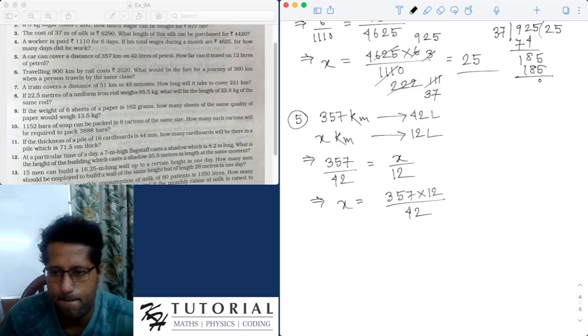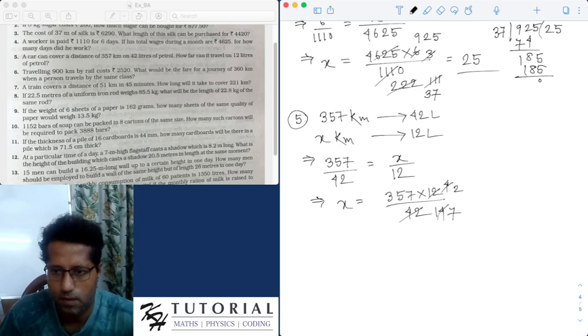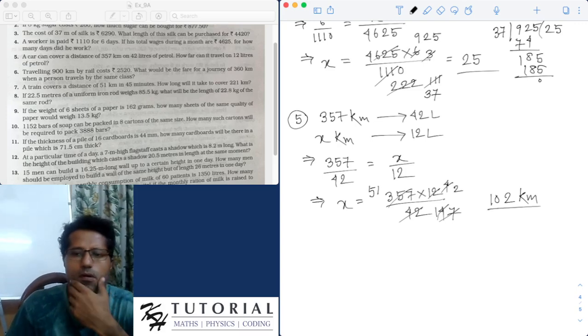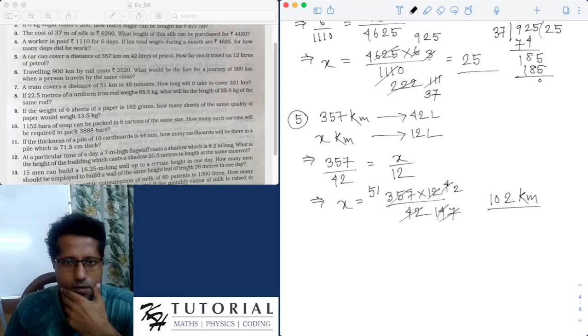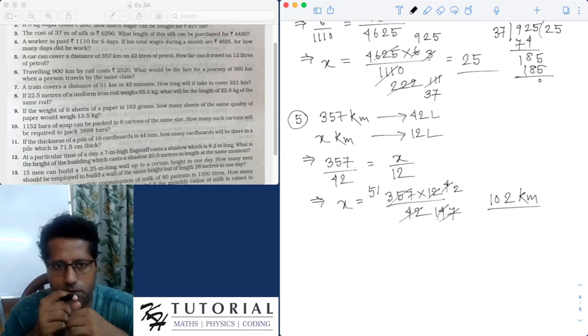Simplifying, the answer is 102 kilometer. If it uses 12 liters of petrol, the car will cover 102 kilometer, where it was given that in 42 liters of petrol, it covers 357 kilometer.